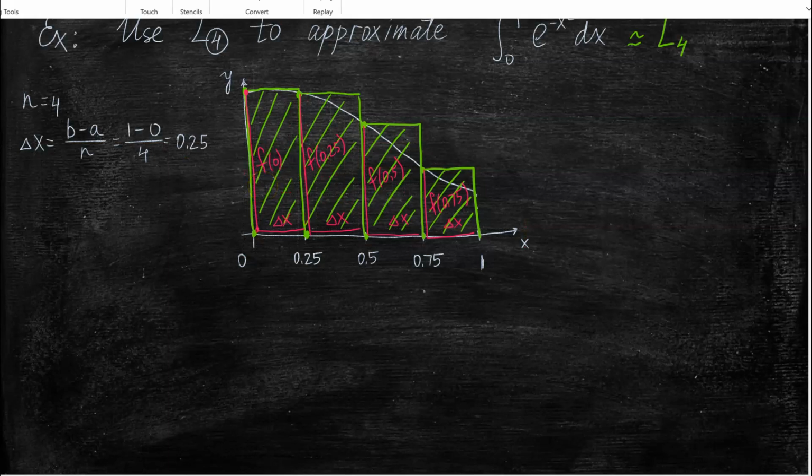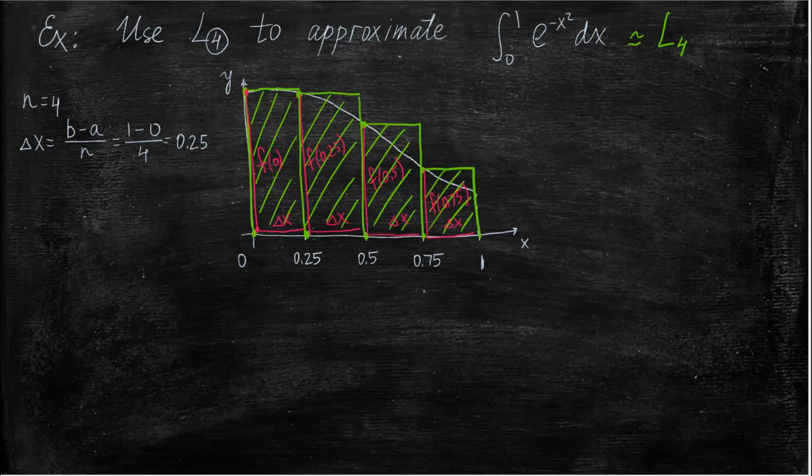So L4 will be equal to the area of the first rectangle, which is f of 0 times delta x, plus the area of the second rectangle, which is height times base, the area of the third rectangle, and the area of the fourth rectangle.